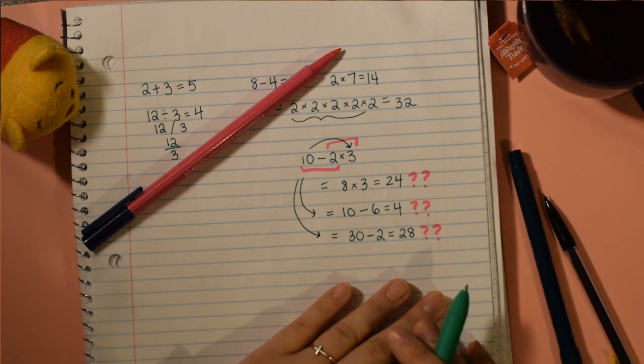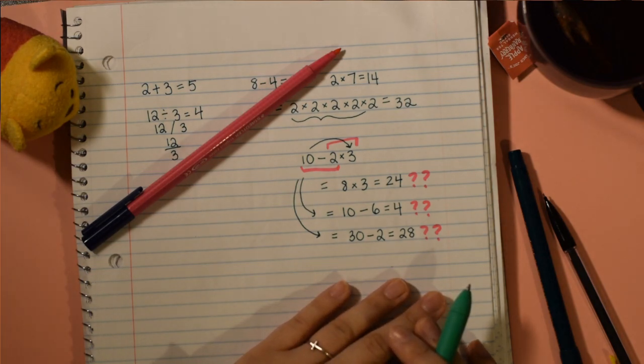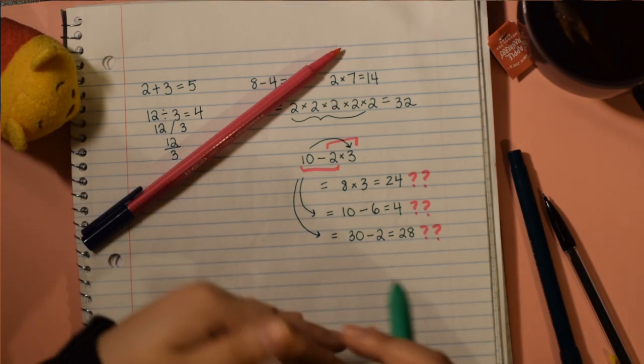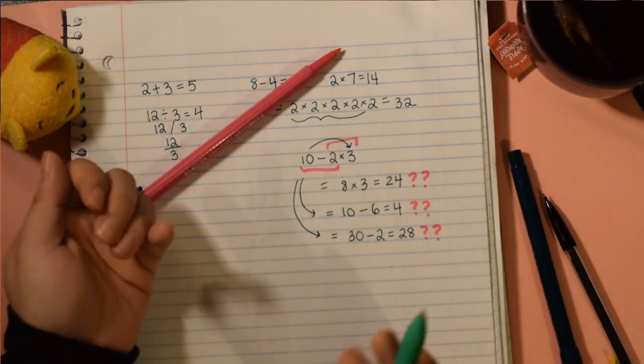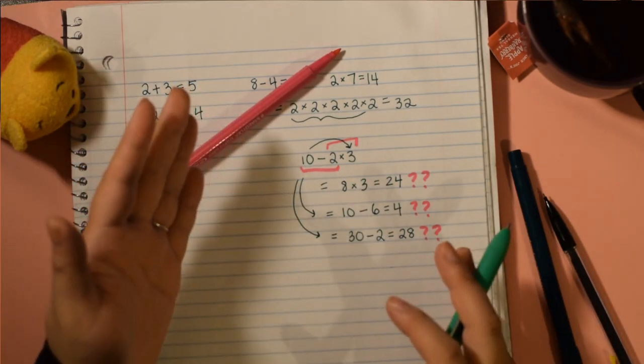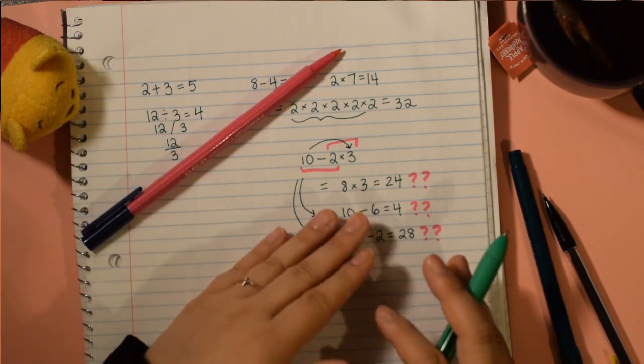Who knows, right? And so it would be a problem if math is supposed to be about logic and we should be able to communicate to each other. There should be a standard order.